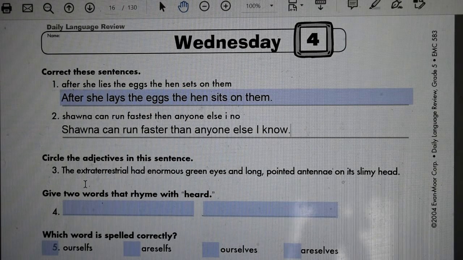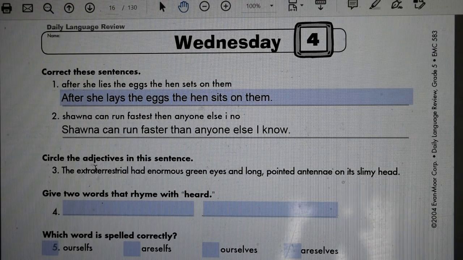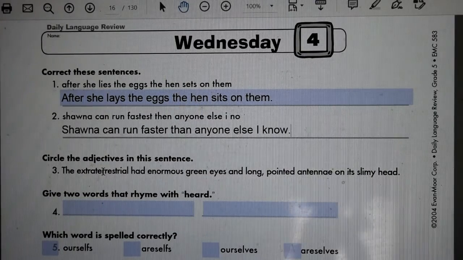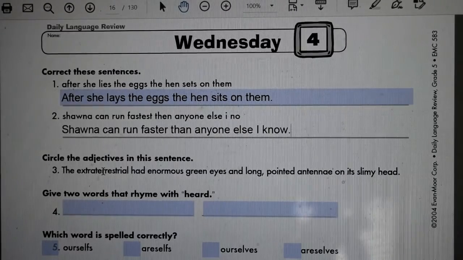So people would call extraterrestrials E.T. An extraterrestrial is just an alien. You see the root word here is terrestrial or terra. Terra is basically the name of Earth. And so extraterrestrial means not of this planet.